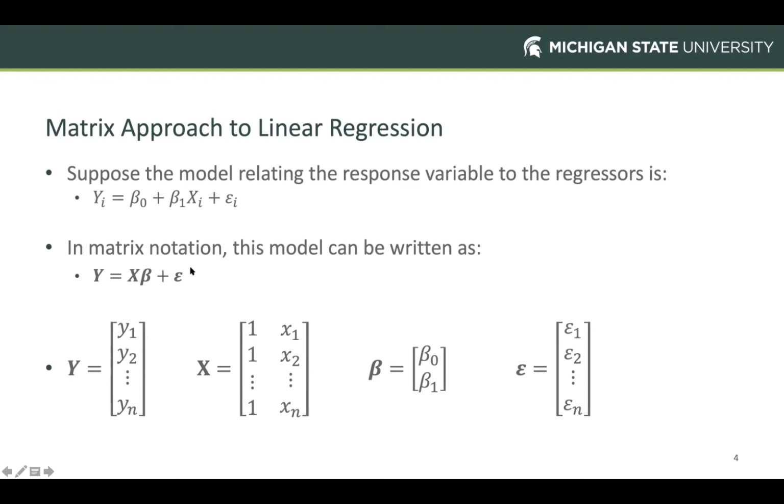And then the error term that we're adding on here is just a column vector that describes the noise or uncertainty or other randomness that results in variation from just the y equals x times beta term.